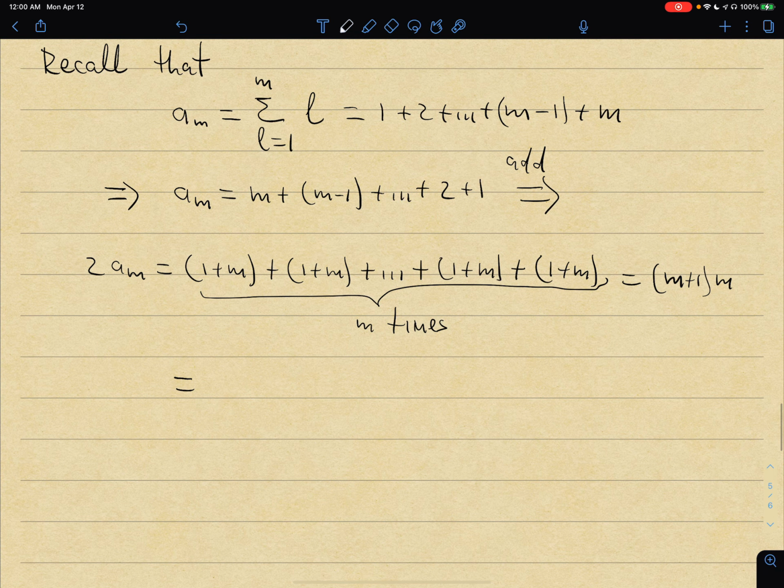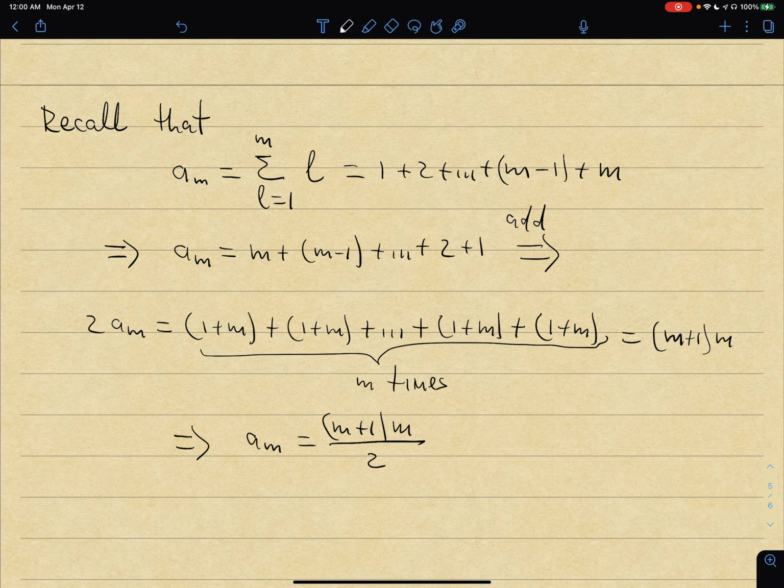And so then we conclude that AM must be equal to m plus 1 times m over 2. Right, so the sum of all integers from the first one to the mth is going to be that last integer that you're adding times m plus 1 divided by 2.